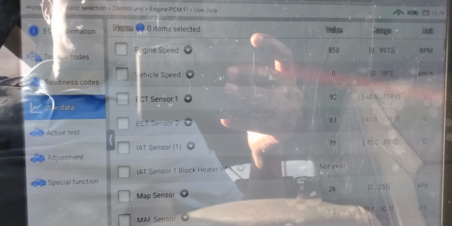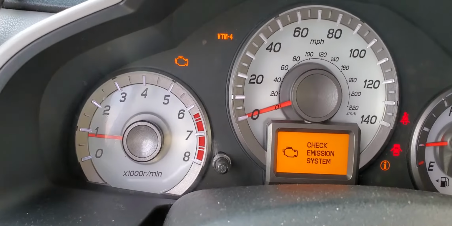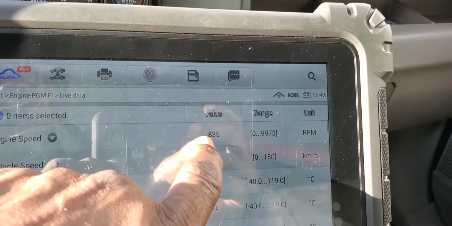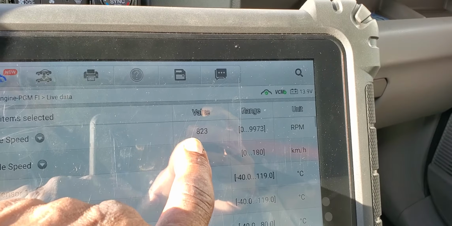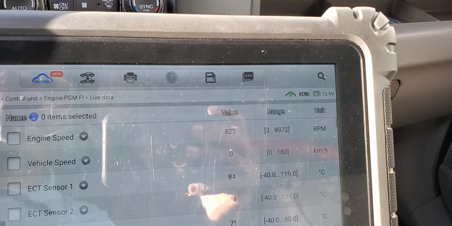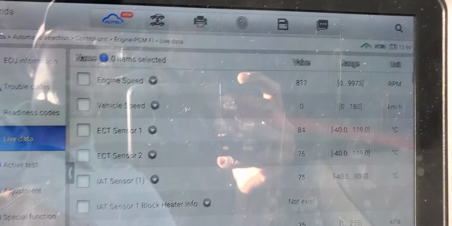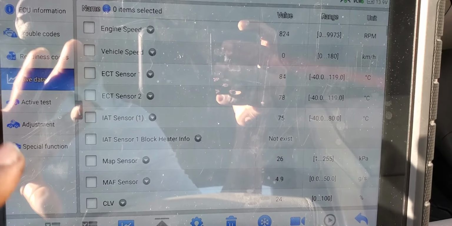Okay, after 5 minutes, the RPM came back to normal, which here we have 832, which is not bad. It's supposed to be lower than that, but it's okay. Before it was 2000 RPM. It's supposed to be 700 something, but I consider it normal now.